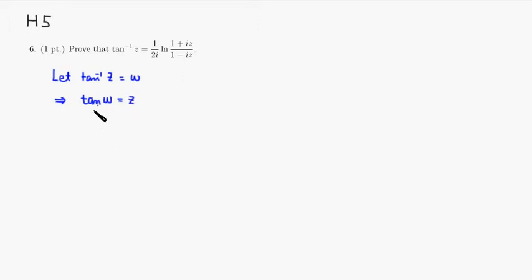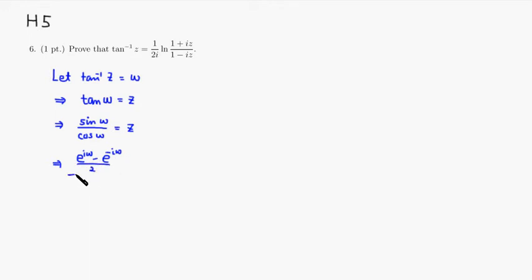And tangent of w can be rewritten as, we don't know too much about tangent, so we're going to write it as sine of w over cosine of w is equal to z. And we know the definition of sine of w would be e to the iw minus e to the negative iw over 2.